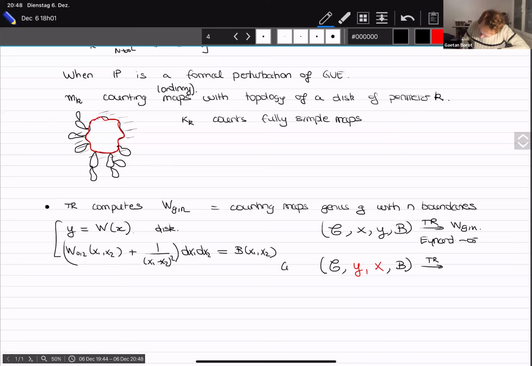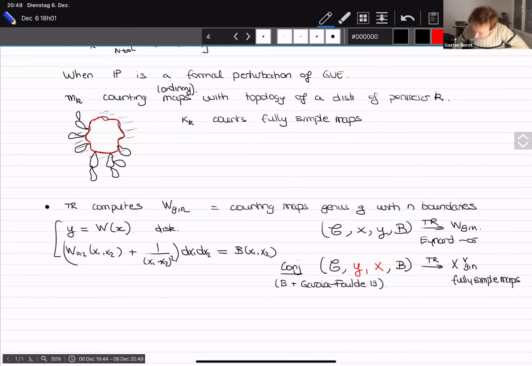So that was the conjecture which we formulated precisely in the thesis of Elba Garcia Failde. That should compute what I call omega g,n check, or x g,n check, which is counting fully simple maps of any topology.